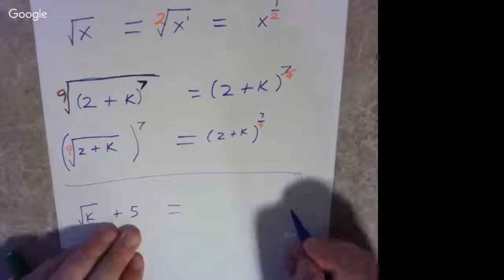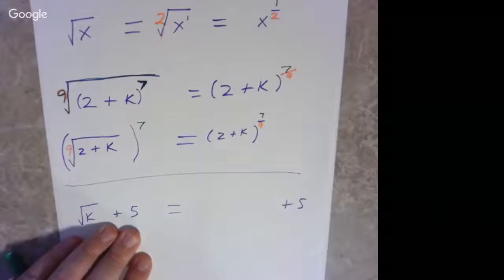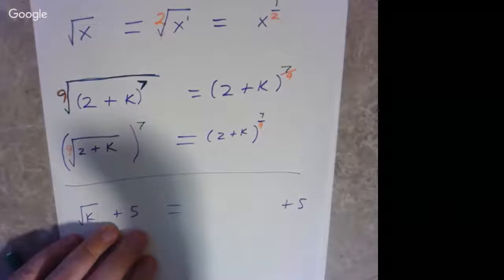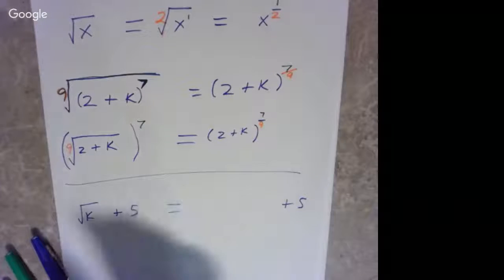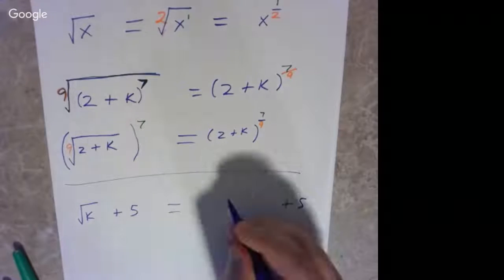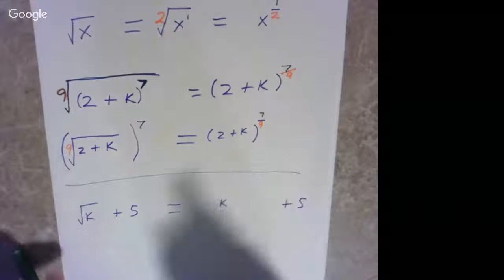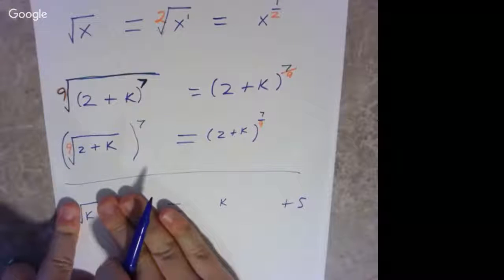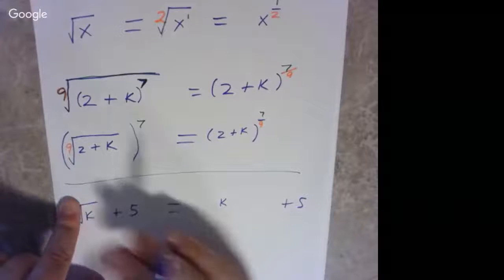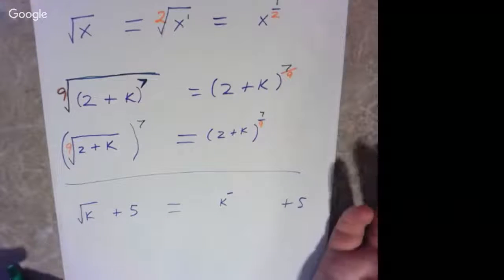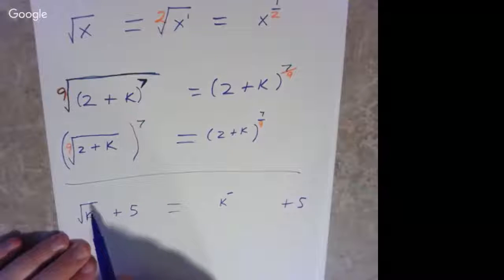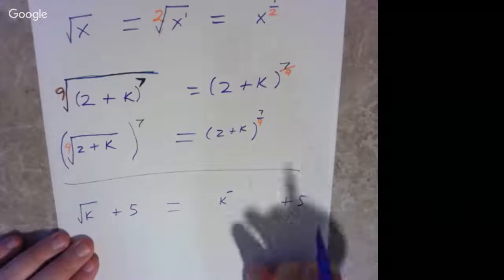So I'm just going to write the 5, the plus 5 over here to the side, because that's not going to take any type of adaptation from the k. Nothing is going to change about the 5. We will have a k. There's only one term inside the radical, so we don't really need parentheses. We know there's going to be a fraction for sure. And we have to think, what is the power of the k here?